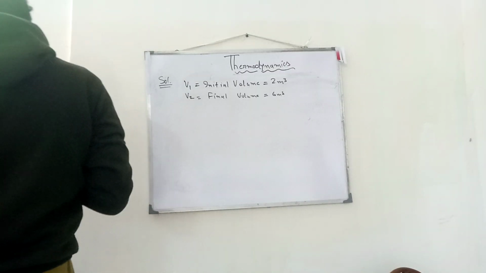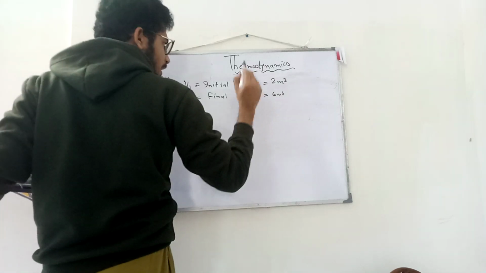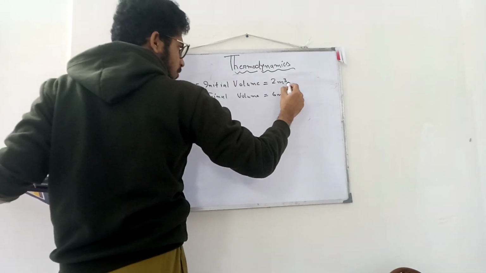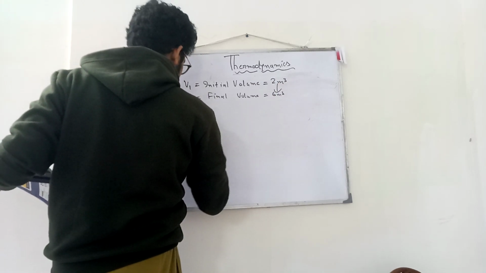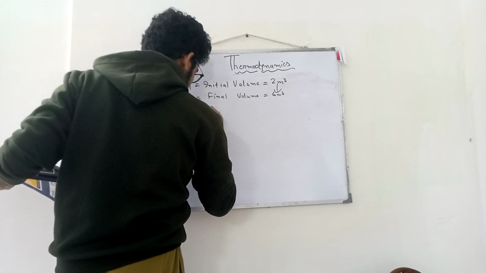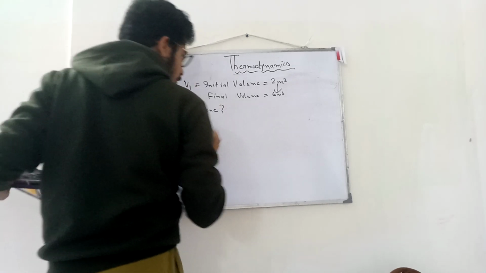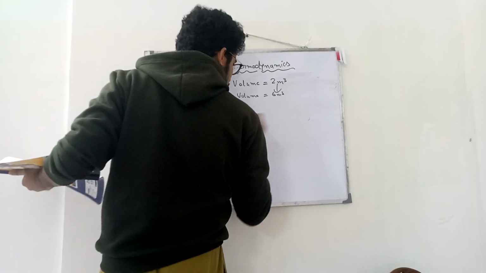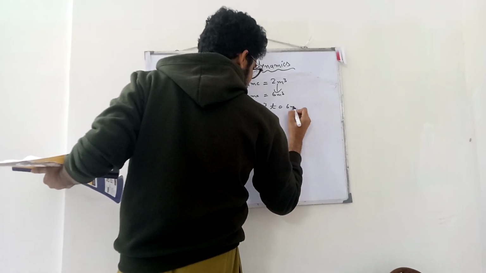So what is the work done when the volume changes from 2 meter cube to 6 meter cube? How much work is done when the volume goes from 2 meter cube to 6 meter cube?